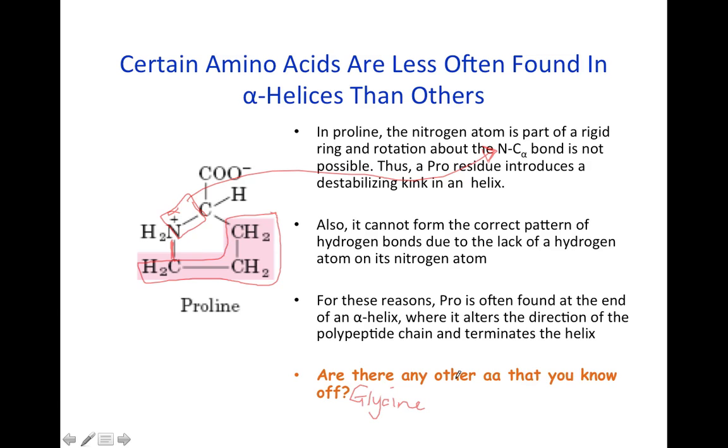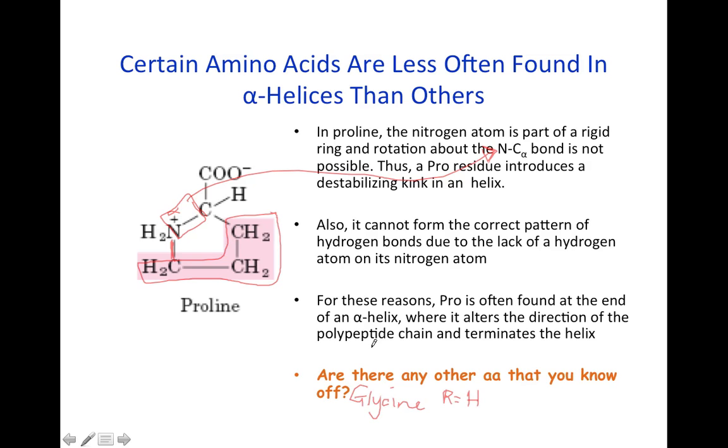So you should remember that for glycine, the R group is hydrogen, because glycine is the smallest amino acid. Now here's the problem with glycine, in terms of stabilizing the alpha helix. Because its R group is the smallest possible atom, which is hydrogen, we say that glycine has what is called high conformational flexibility.